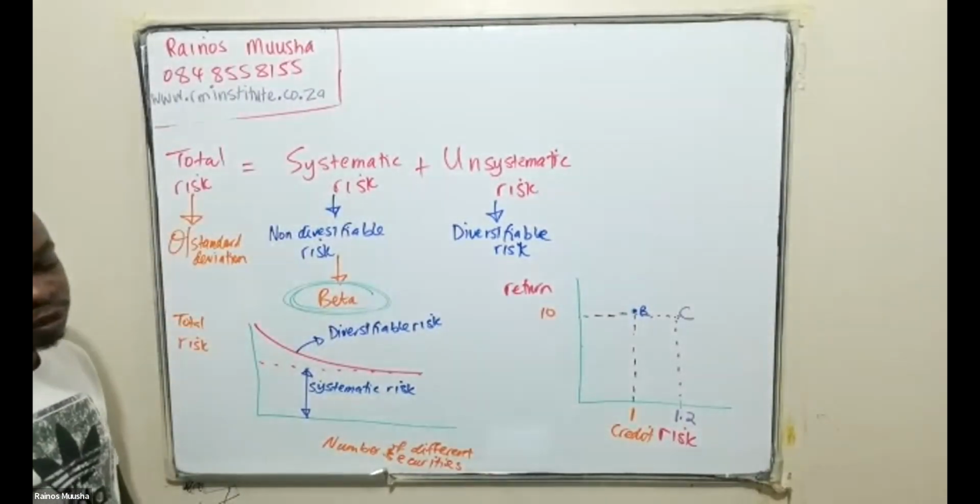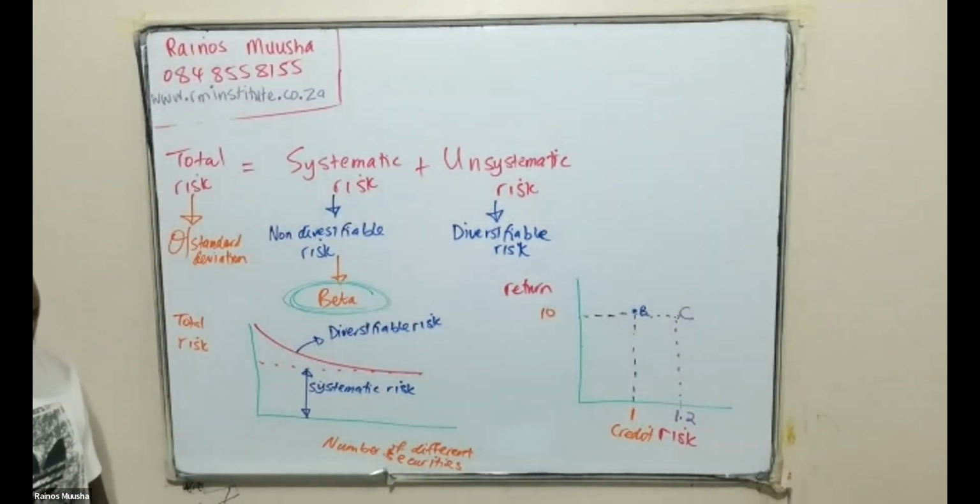So which of the two investments would you choose between investment B and investment C, and why? I think I will still go with option B. The reason being that the amount I'm going to spend to manage the risk is still low compared to the returns that I'm going to get.